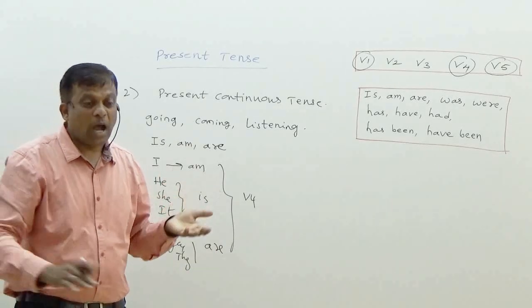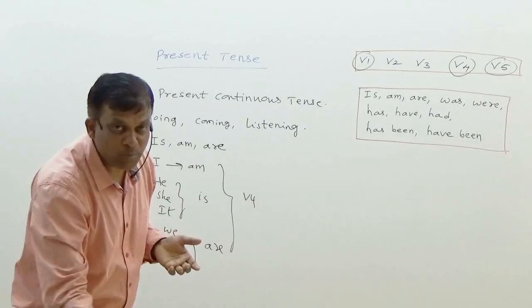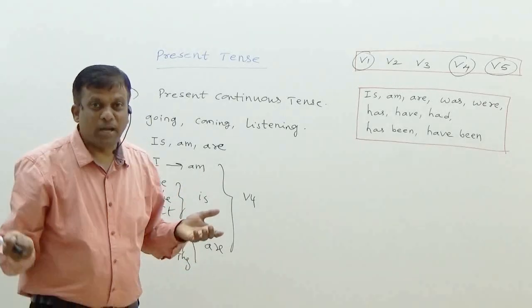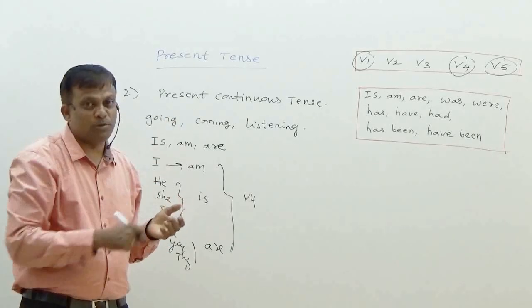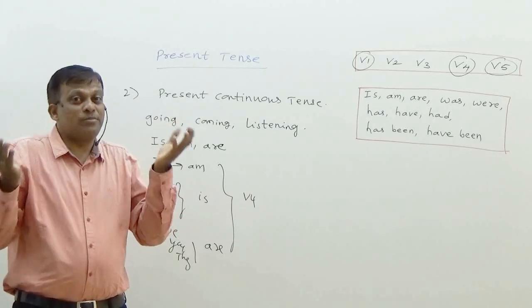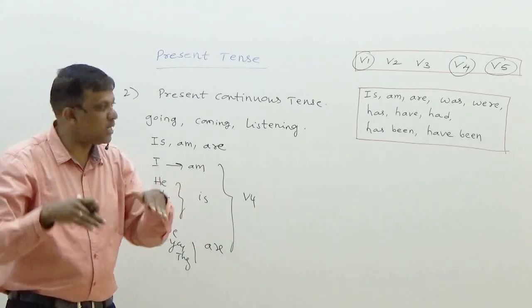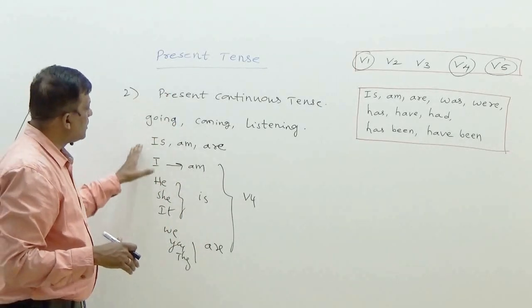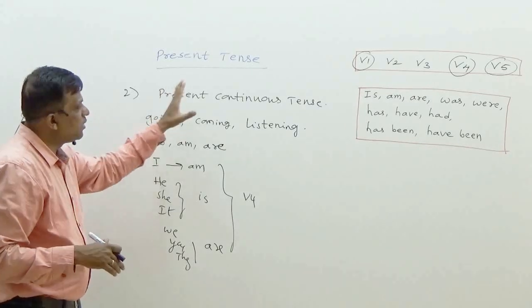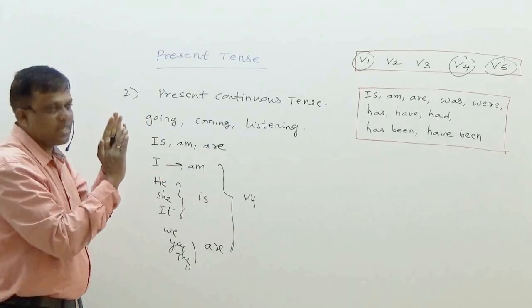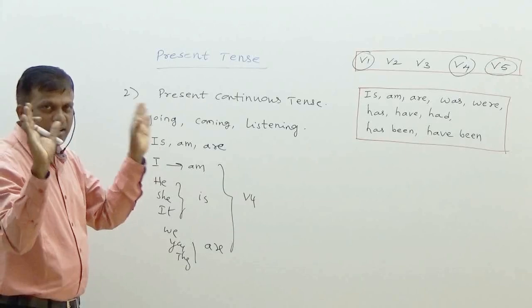What are we doing now? I am mopping the floor. I am sweeping. I am cleaning my house. I am dusting the windows. I am waiting for my friends. Whatever it is. So any action which is in progress, you will take the help of these three helping verbs and V4. I hope present continuous tense is very clear to you.